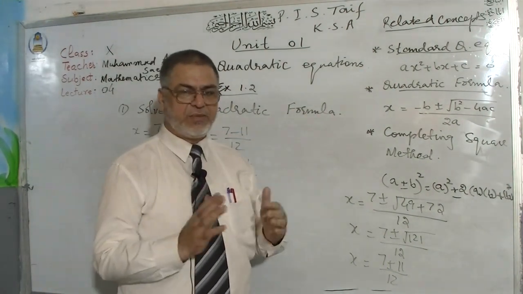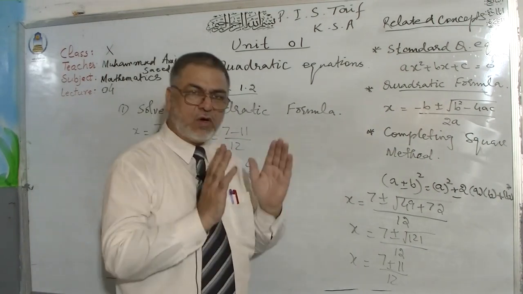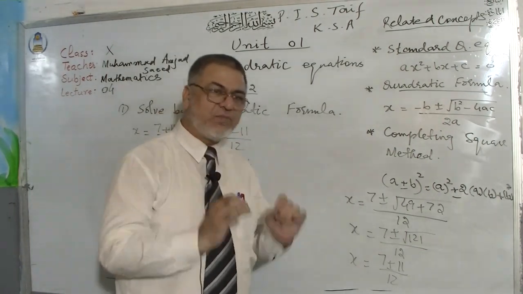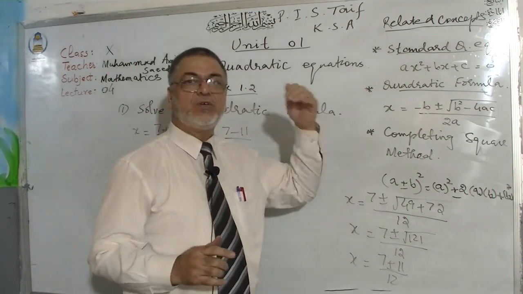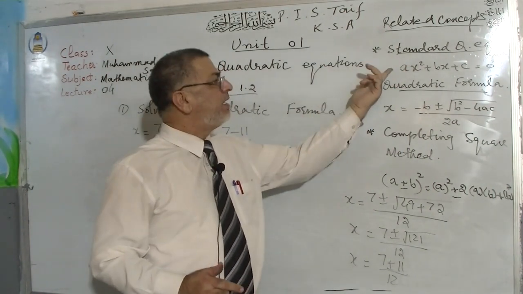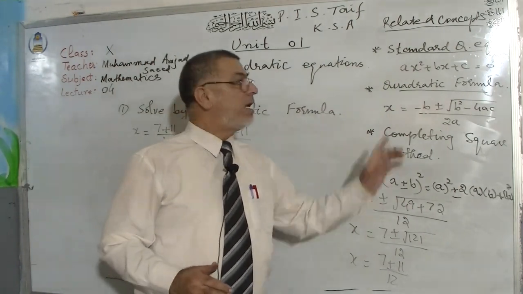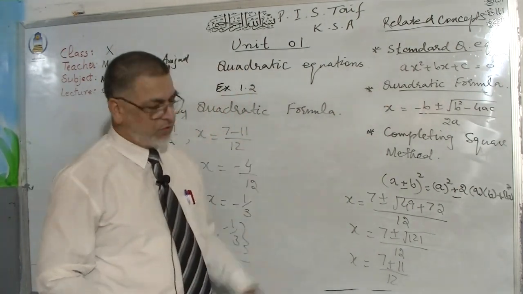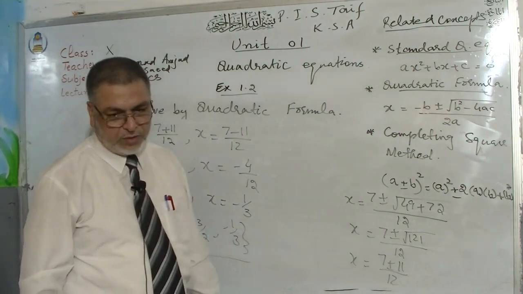Sometimes you have to multiply with the LCM, with all terms one by one, and then after simplification you combine, write down on one side of the equation and write down the standard quadratic equation. And after that you will apply this formula, the quadratic formula. I hope that you understood.